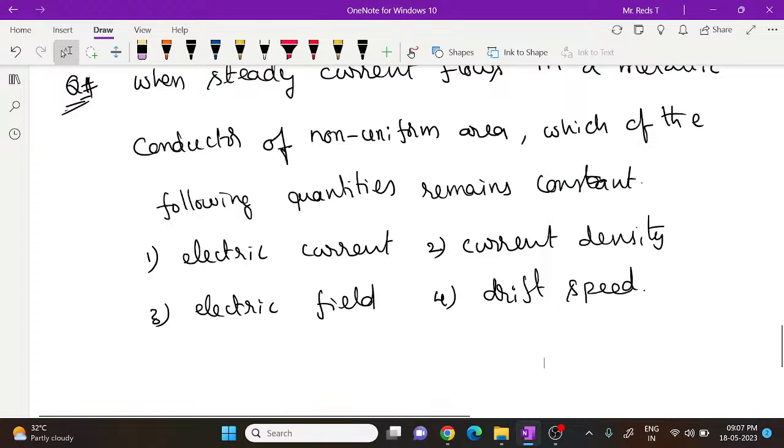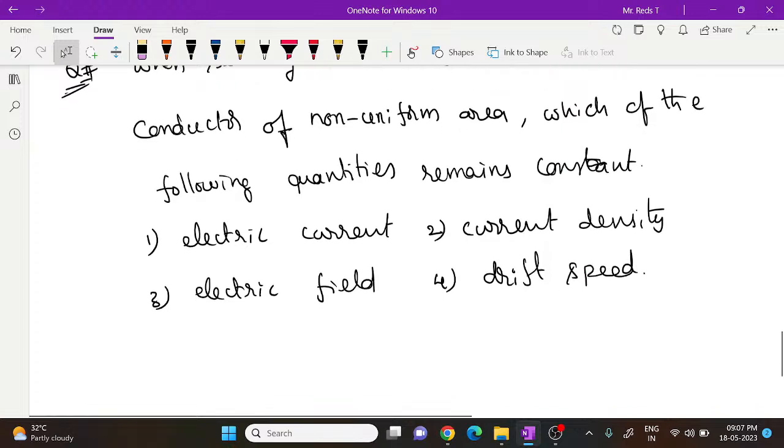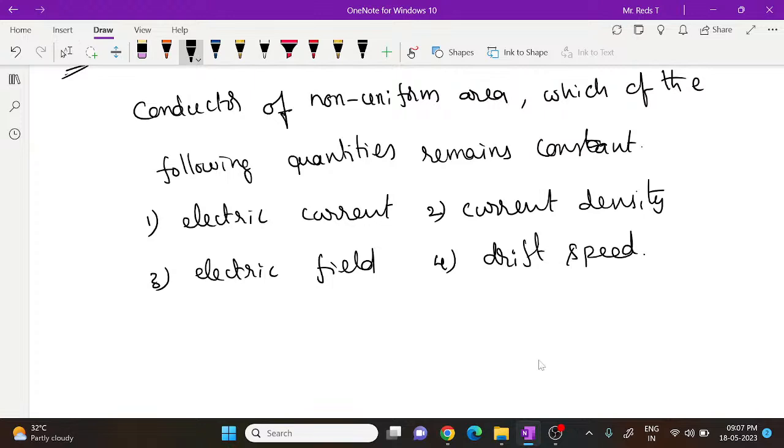If you observe this pictorially, there is a non-uniform wire. A uniform wire means the area will be constant throughout the wire.